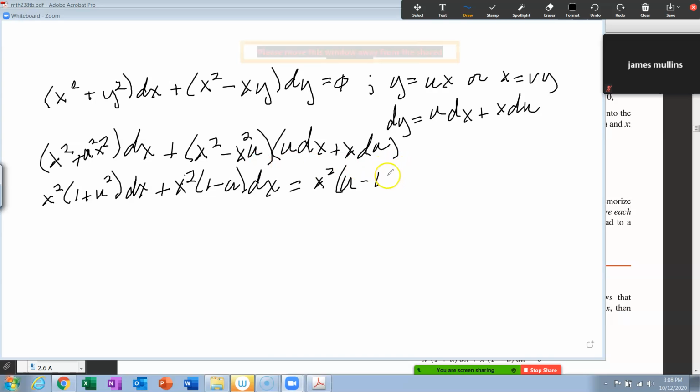That reverses the order there, times x, so that's going to make this an x cubed (u minus 1) du. Okay, now, yeah, no, this doesn't look differentiable to me. Have I done something wrong?